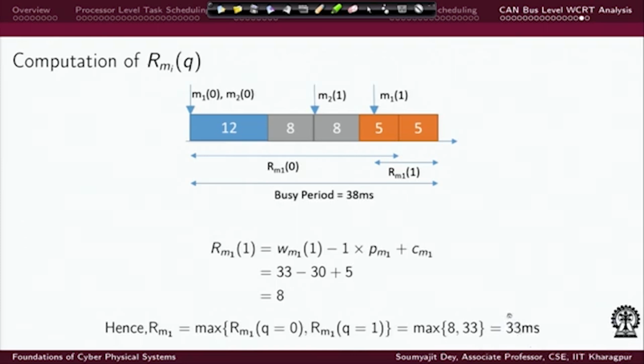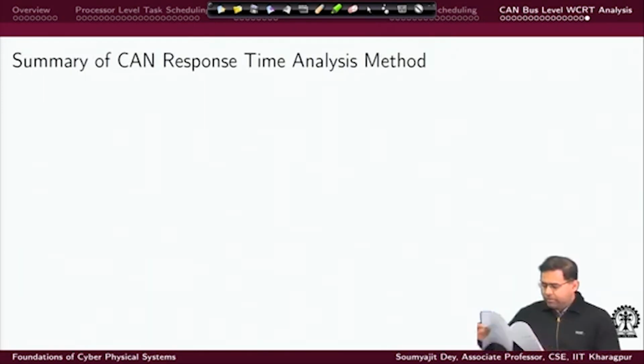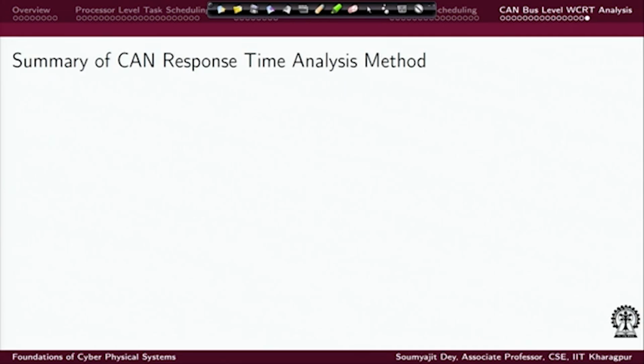So that's how we calculate worst case response time of messages in the bus in case of any fixed priority non-preemptive scheduling algorithm, which we took as an example as CAN, but it should hold in general, as you can understand.